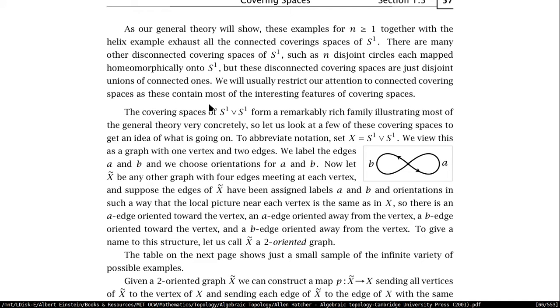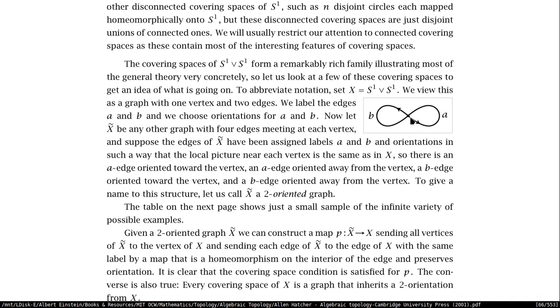The covering space of this wedge circle has a rich family illustrating most of the general theory very concretely. We view this as a graph with one vertex and two edges. Right, so he's considering this as a graph having two loops. So yeah, this loop and this loop.